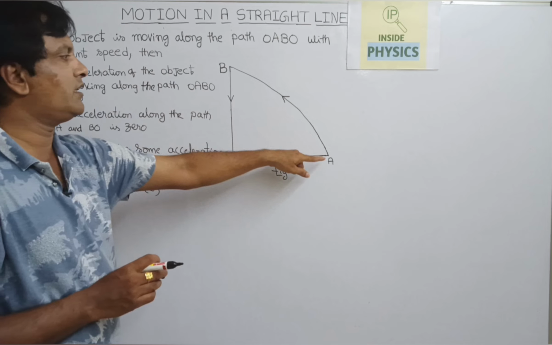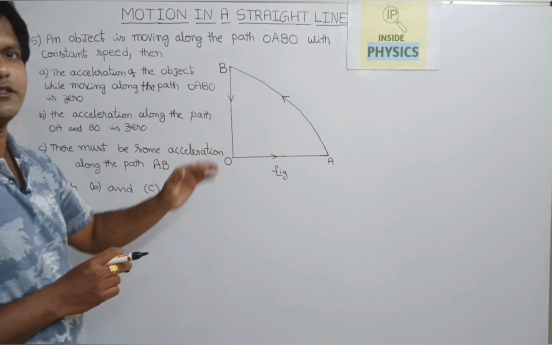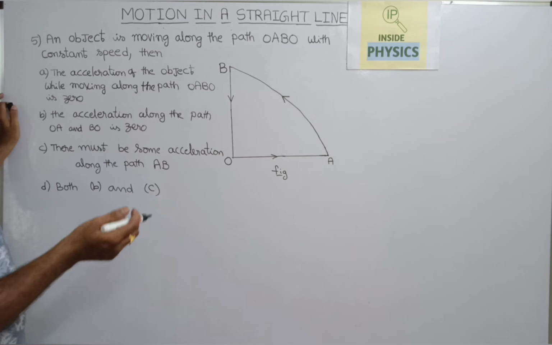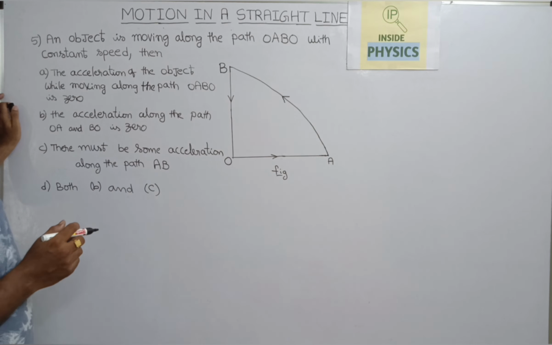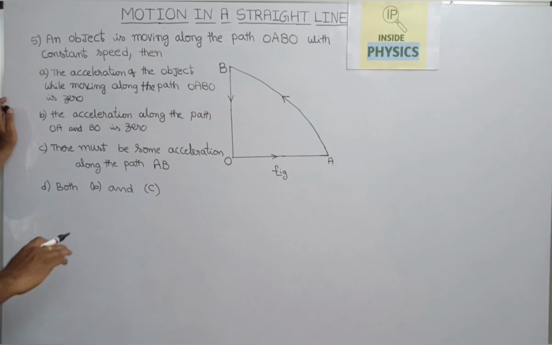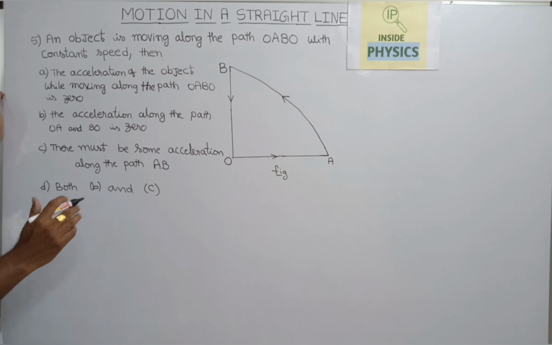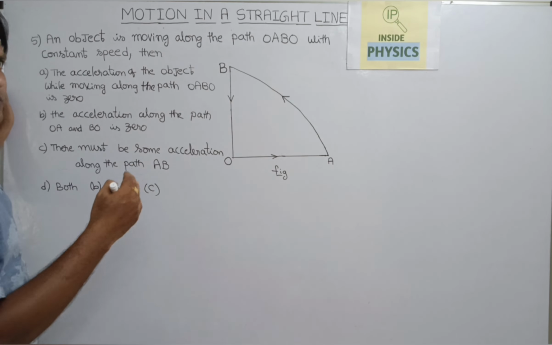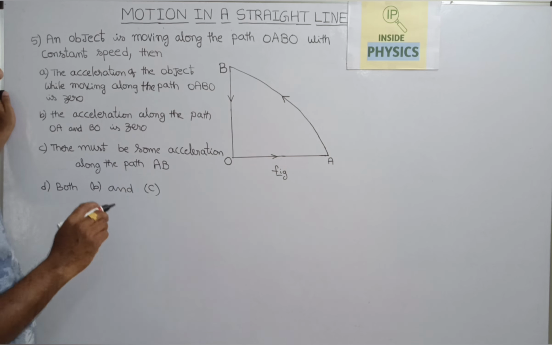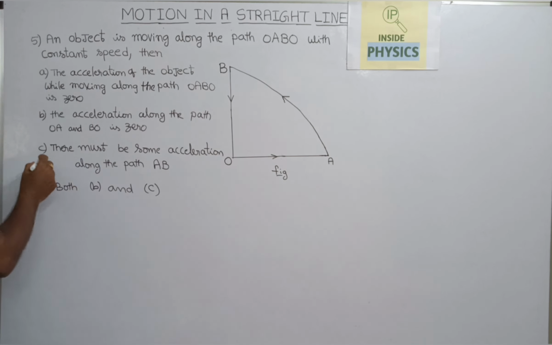Speed is constant along AB, but the direction is changing. So whenever there is a change in direction, there must be an acceleration. That means it is a curved path. So there must be an acceleration, and along the curve, if an object is moving, we can call it centripetal acceleration. So the option C is also correct, option B is also correct.